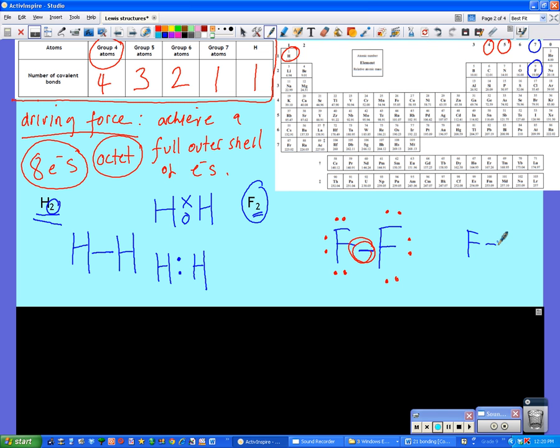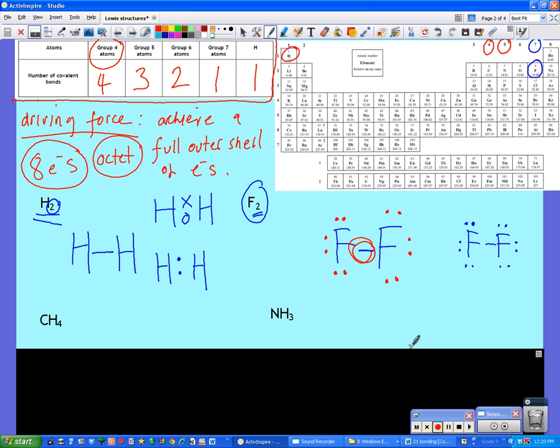For fluorine, we could do this. If you're using a ballpoint pen, it's very wise to make sure you leave a dot there. And another possibility for representing that is as follows. Some of you might prefer to use those straight lines, which are quite acceptable as electron pairs. Any of those 3 representations works just fine.